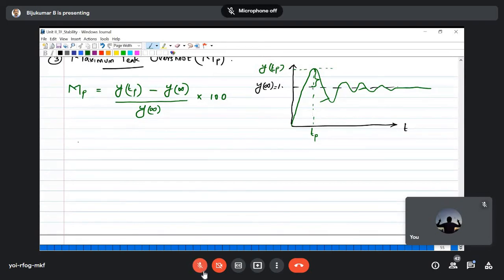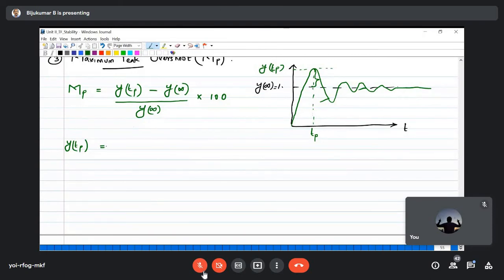Now we will substitute the values and find it. So first of all we will find out what is Y of TP, because Y of infinity we know it is 1, right? What is the value of Y of TP? How will you find this? Yeah, correct.